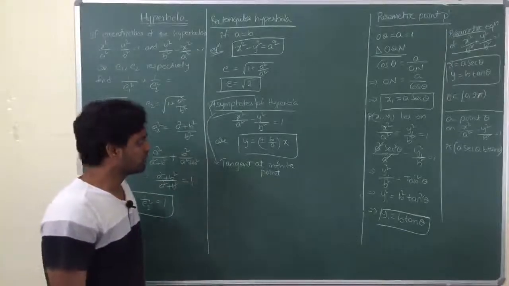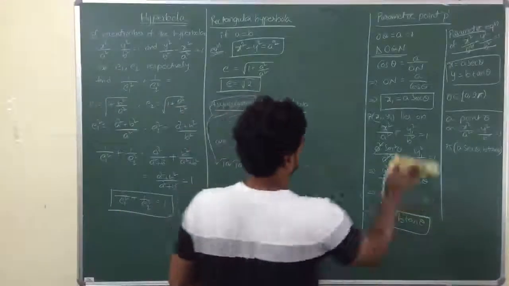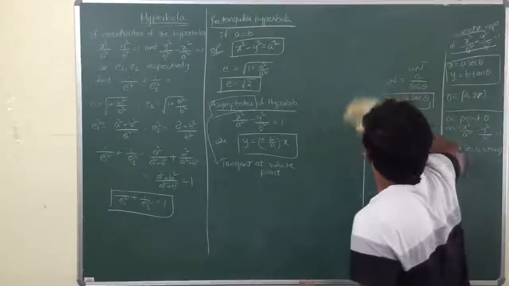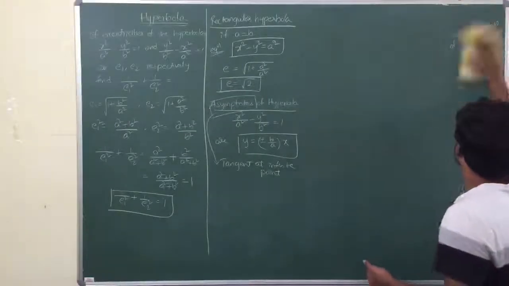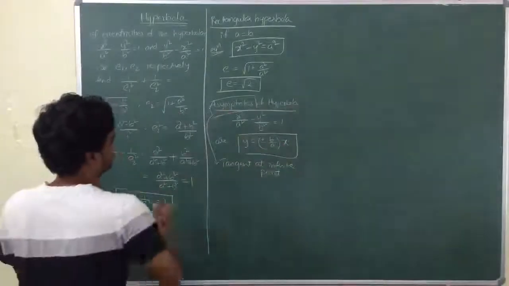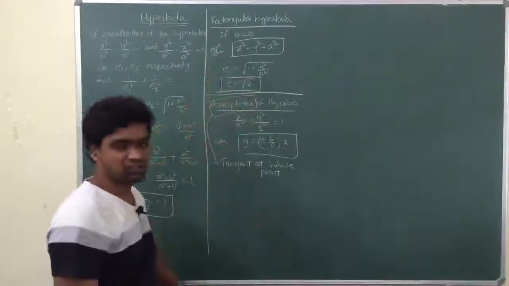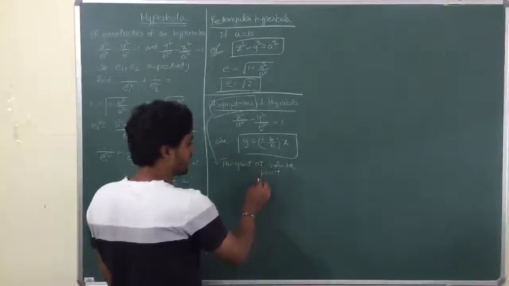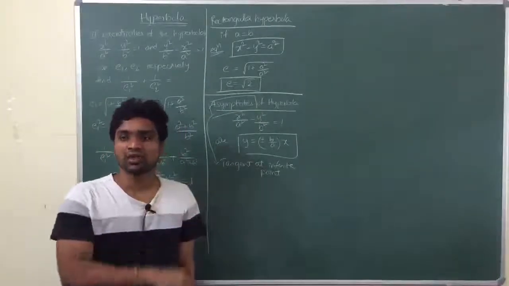I'll draw the figure and show. This is rectangular hyperbola till here. Now it is normal hyperbola. So tangent at infinite point. Usually we discuss the concept of asymptotes in application of derivatives.